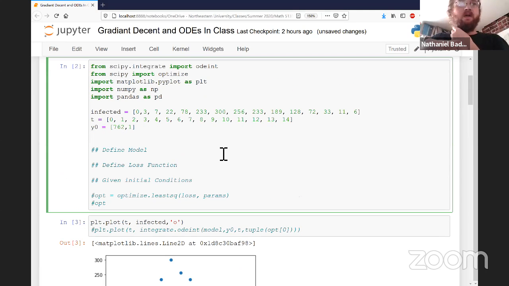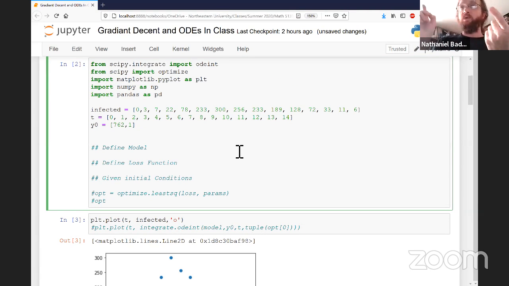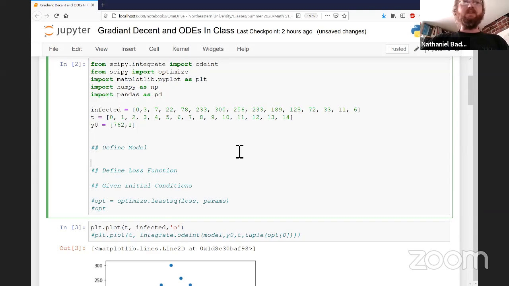And so our steps before were to define the model, then define the loss function, give our initial conditions on the parameters, and then finally optimize. Define the model is going to be exactly the same as before. This is going to be an odeint model, right? odeint is going to be the thing that does our integration for us.